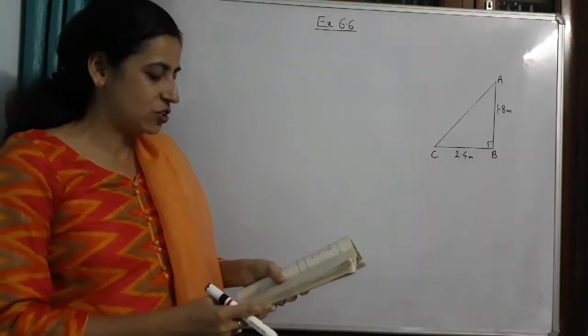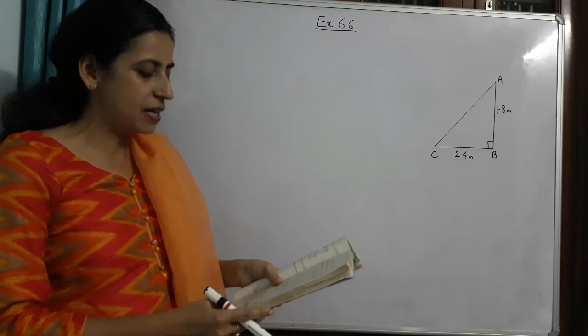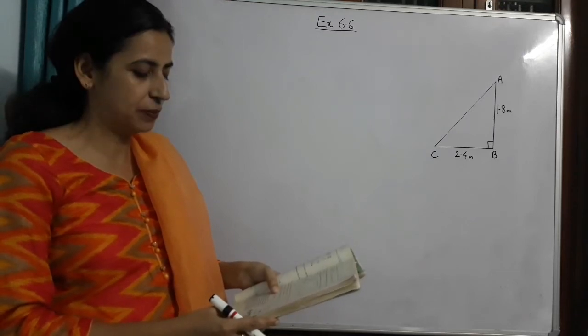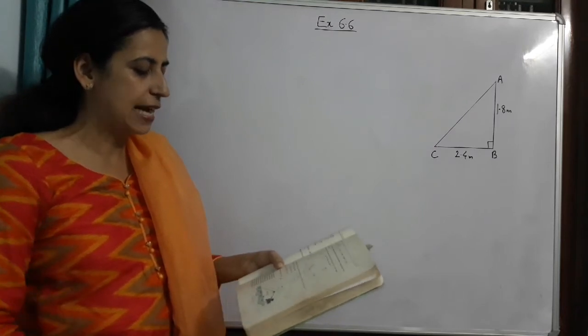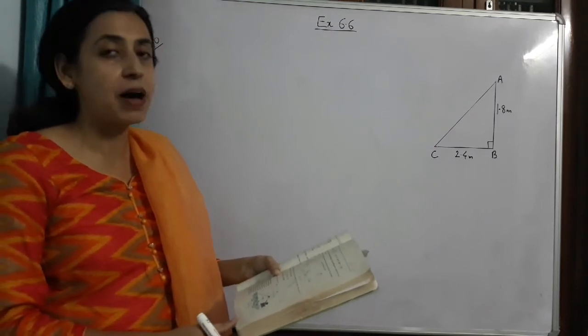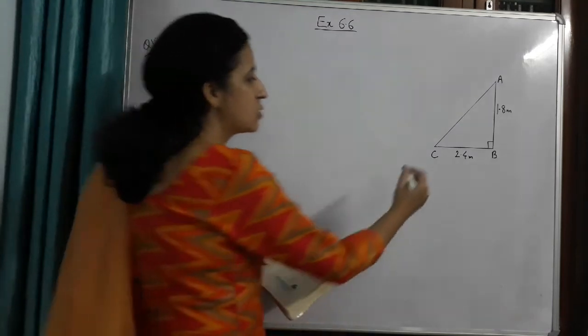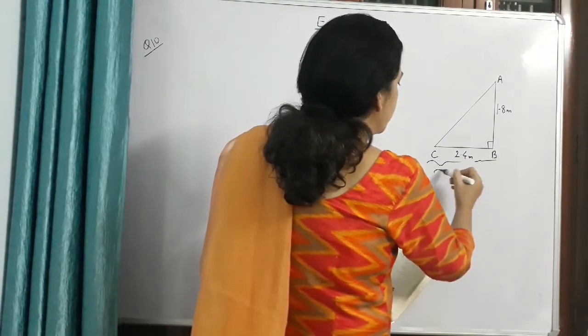In the next question they are saying Nazima is fly fishing in a stream. The figure is given in the book. The tip of her fishing rod is 1.8 meters above the surface of water. So this is the surface of water.